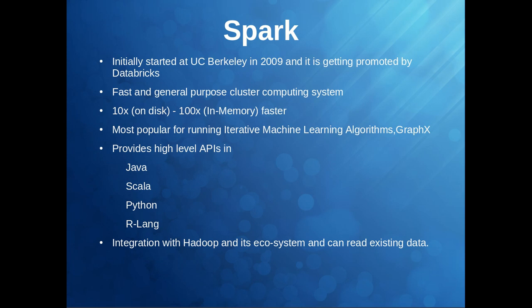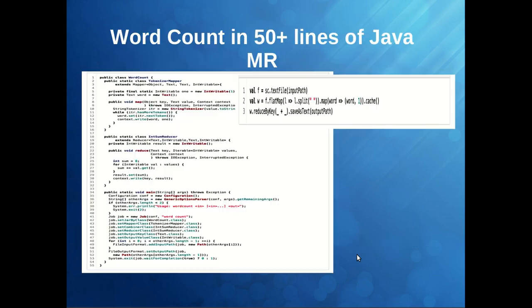Hadoop is still the base, and on top of that Spark is the computation engine. For creating data lakes and clusters we still use Hadoop file systems, and Spark can integrate with all this very easily. So it integrates with Hadoop and its ecosystem, and can read existing data using Spark.